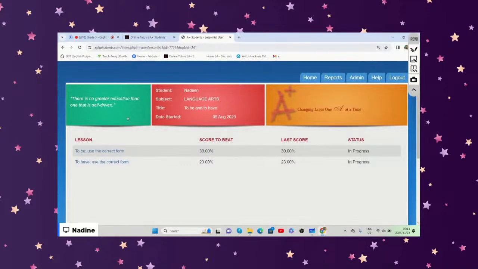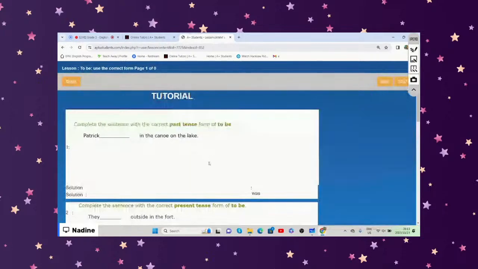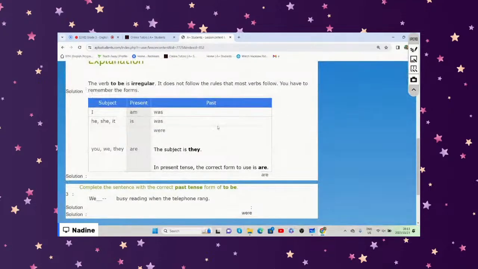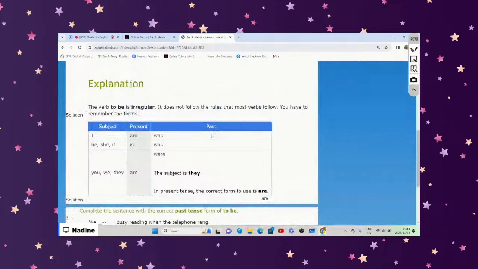And we're going to the first lesson that is to be, where we use the correct form. So to be, right? So the verb to be is irregular.